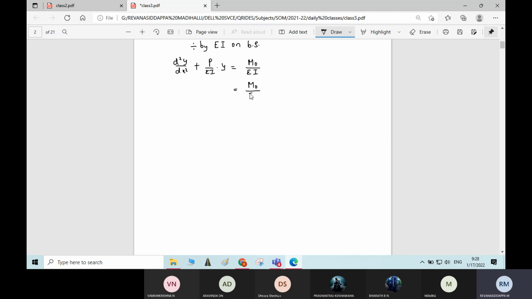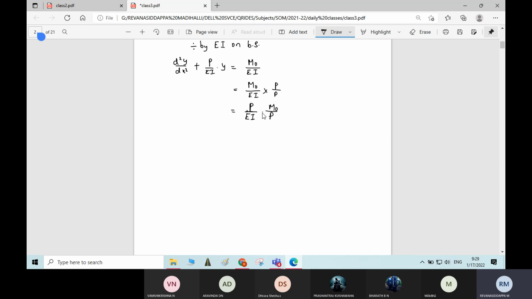Now in the next step, we will multiply and divide this RHS, that is M0/EI, by P. By doing this, you will get P/EI into M0/P.